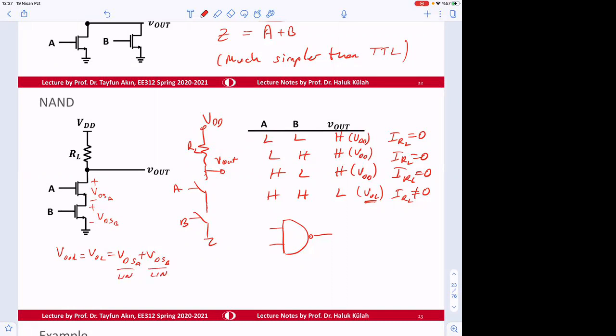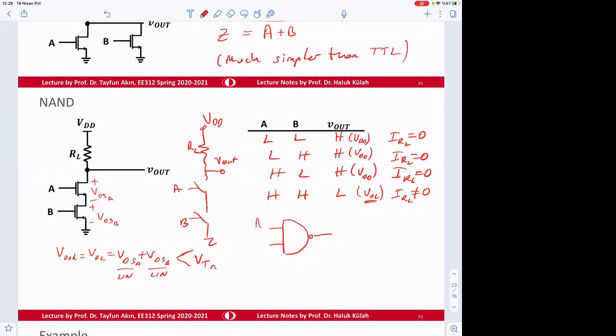But we design it so that this whole thing should be lower than V threshold of N. As long as that's lower than the threshold of N, it's okay.